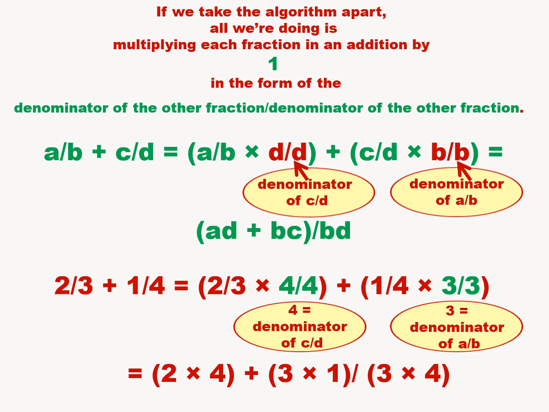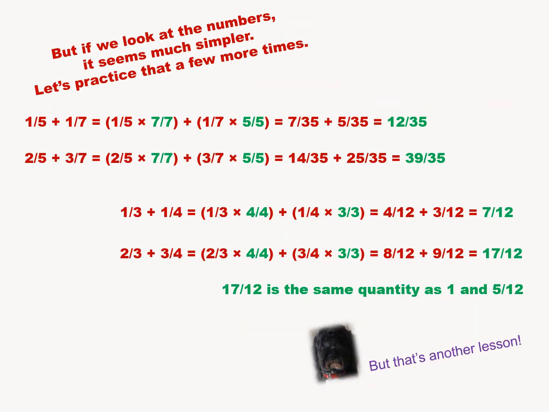The result will be the quantity 2 times 4 plus the quantity 3 times 1 over 3 times 4. Yes, I can see why Sam has problems with the algorithm. But if we look at the numbers, it all seems much simpler.